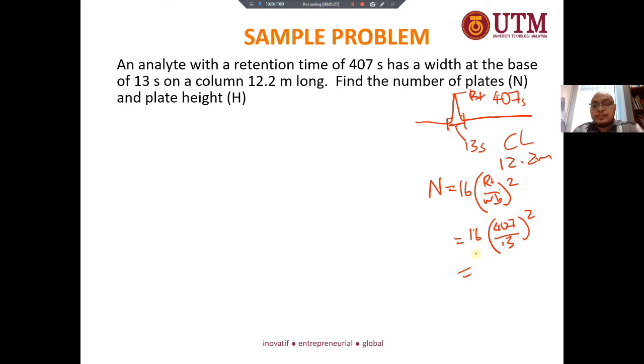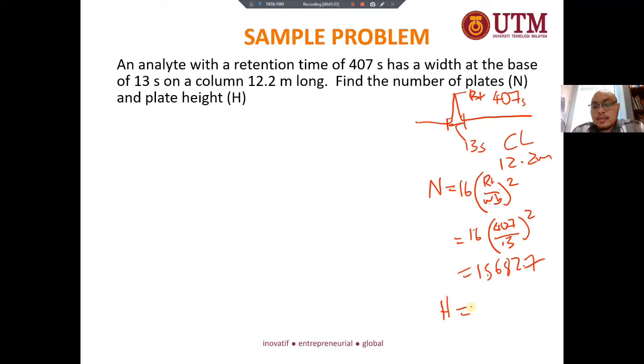By using the calculator, 407 divided by 13, squared, the value multiplied by 16 is 15682.7 something. So you have the plate number. Then you need to calculate the height.